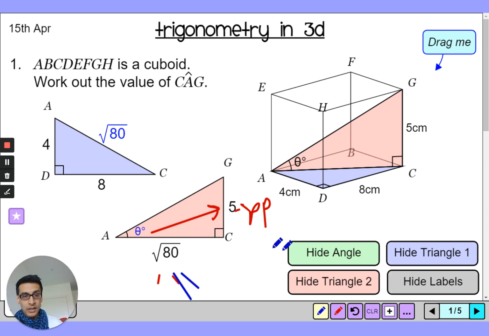So opposite and adjacent, so then I'm going to use tan. And you can work out the missing side from that. Tan inverse of 5 over root 80. Don't forget to do the inverse because you want to work out the angle.